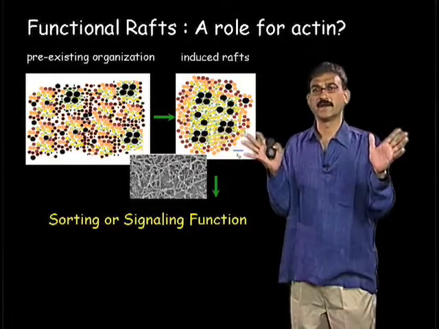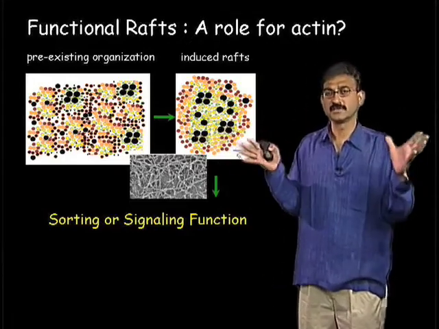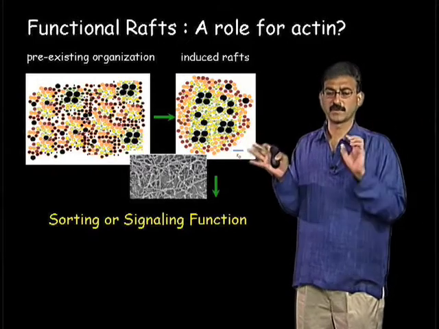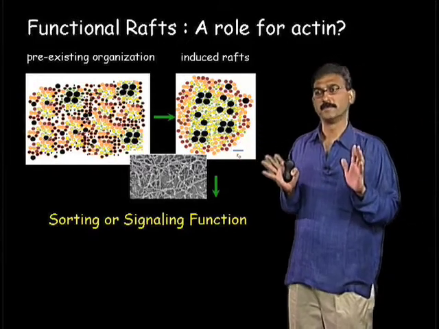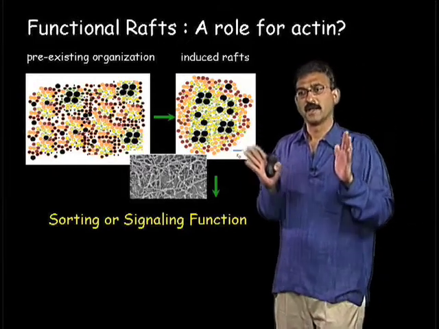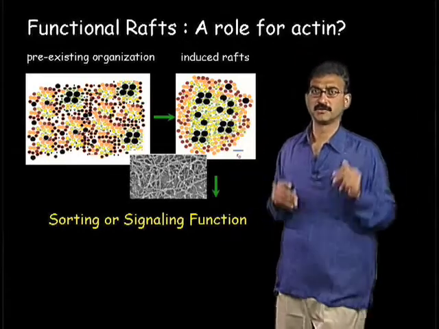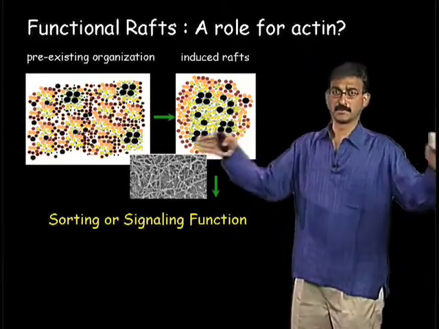And regions where these clusters are excluded seem to be correlating with regions where the cytoskeleton is effectively organized vertical to the plane of the membrane.